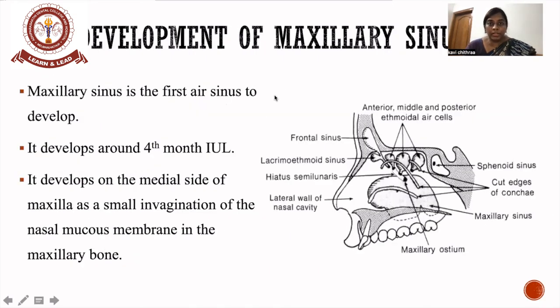Then there is the development of the maxillary sinus. The maxillary sinus is the first air sinus to develop in the head region, and it develops around 4 months of intrauterine life. It develops on the medial side of the maxilla as a small invagination of the nasal mucous membrane in the maxillary bone. It forms from the middle meatus by a process called pneumatization.